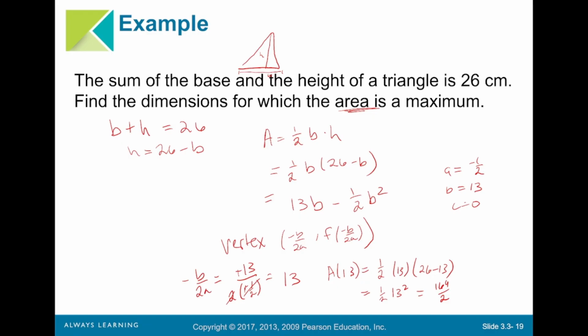So the dimensions, though, that it's looking for, we know the base is 13. And so the height, well, the height is 26 minus 13 from over here. So we know the height is also 13. And that's the triangle with a maximum area.